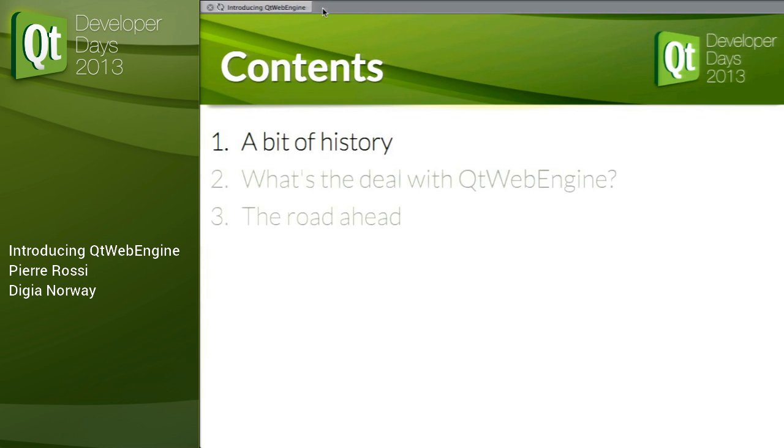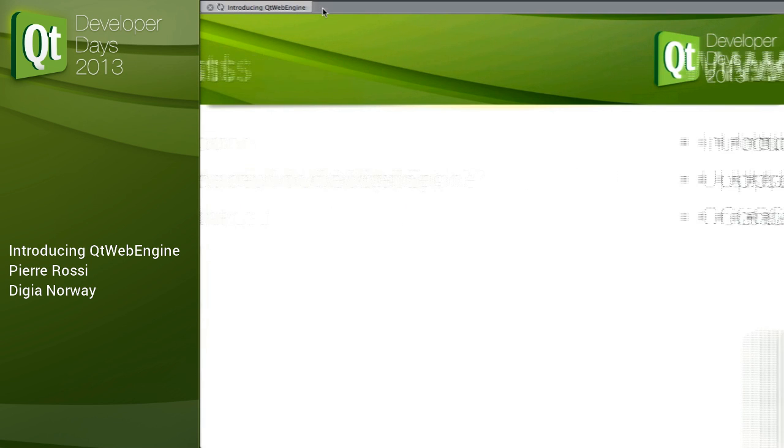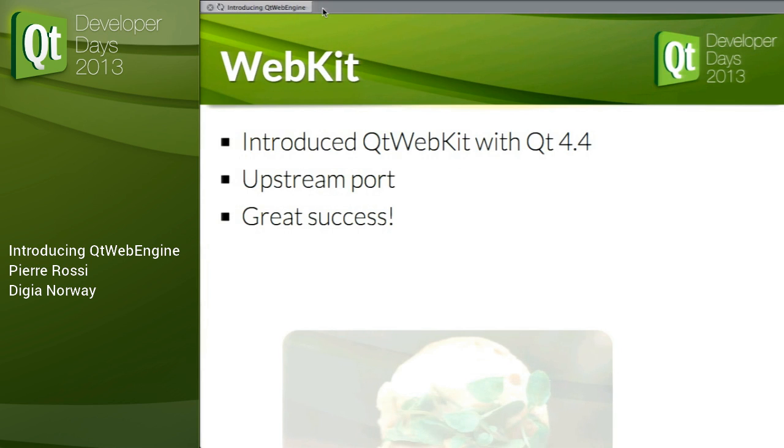And then I'll talk briefly about roadmap and migration, because I'm pretty sure this is a concern for some of you, and also timelines, which is also a best effort type of thing. So let's start with WebKit.